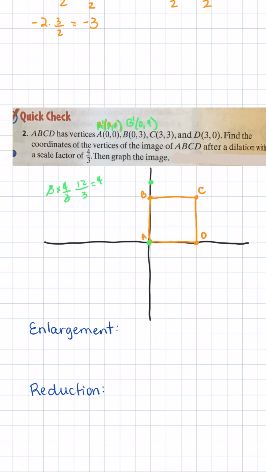3, 3. We just did the same thing, so we know that those equal 4, 4. And D is going to equal 4, 0.